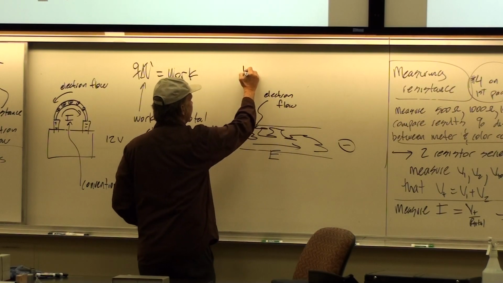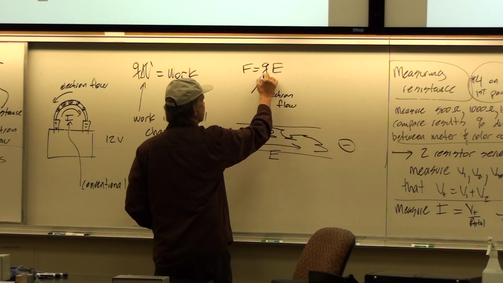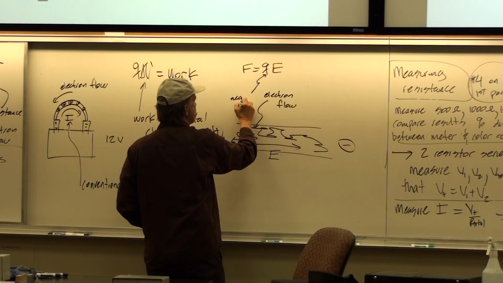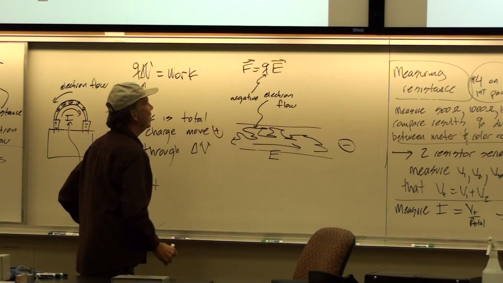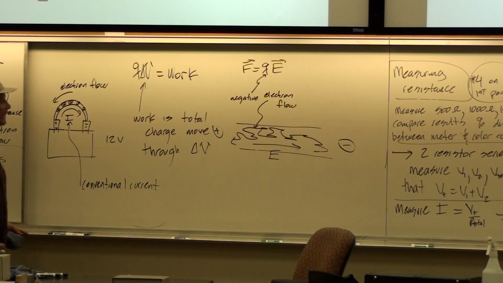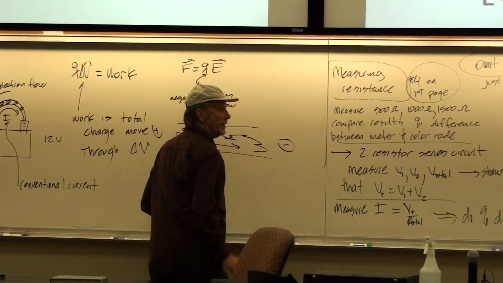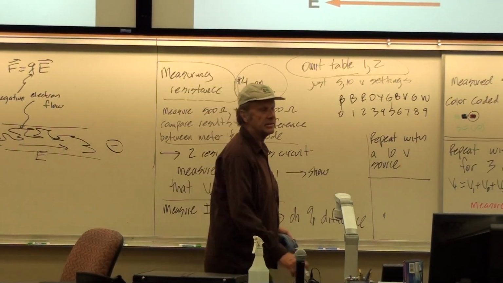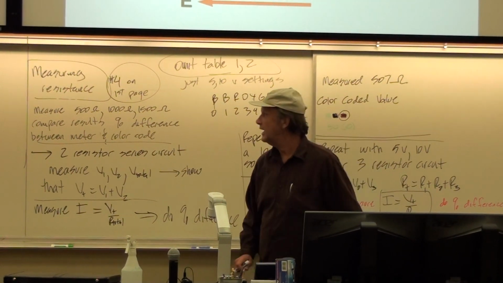which we could also write as F equals QE, where in this case Q is negative, making the force anti-parallel to the electric field. And so the electrons then move through, but because they're knocked back almost as often as they move forward, they have a very slow terminal velocity.